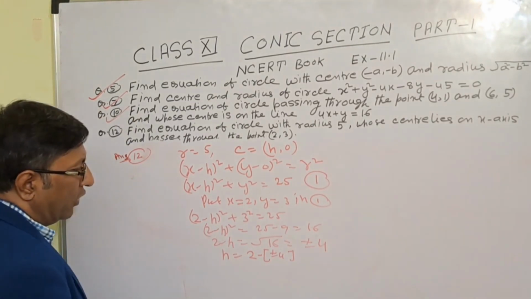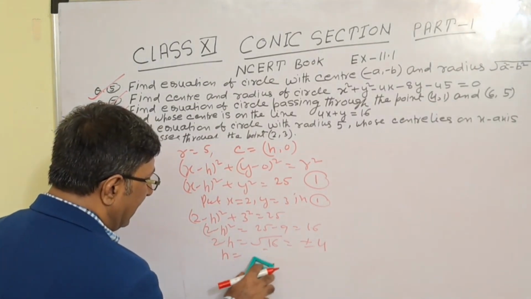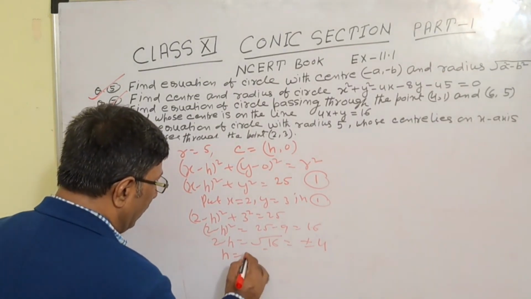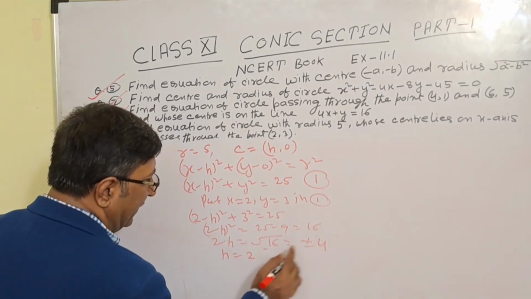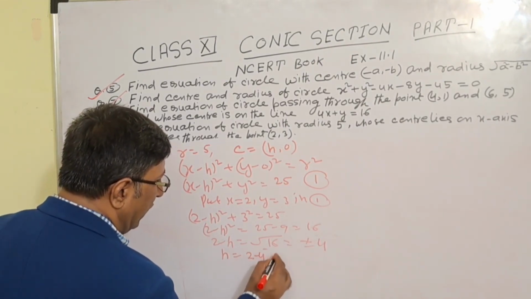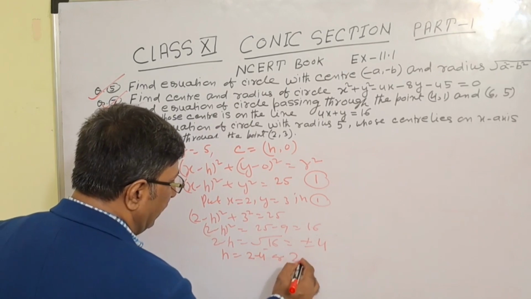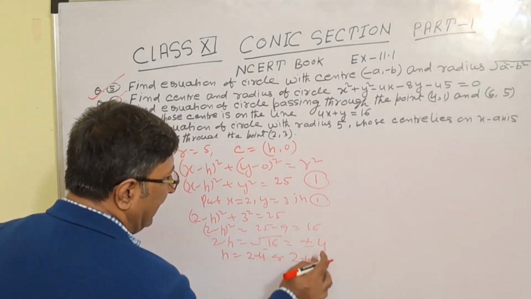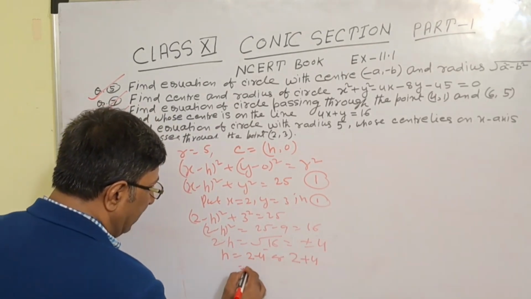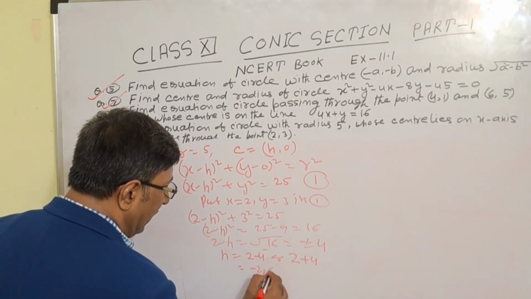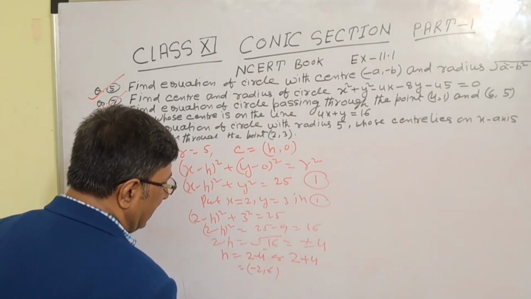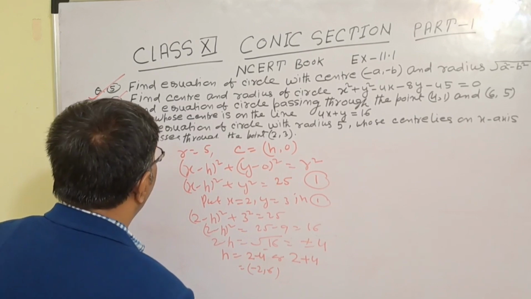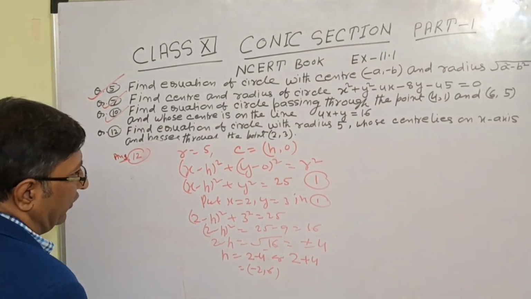Or you can write it like this: when we take positive, then 2 minus 4, or 2 plus 4 when we take minus 4. So h will be minus 2 and 6.